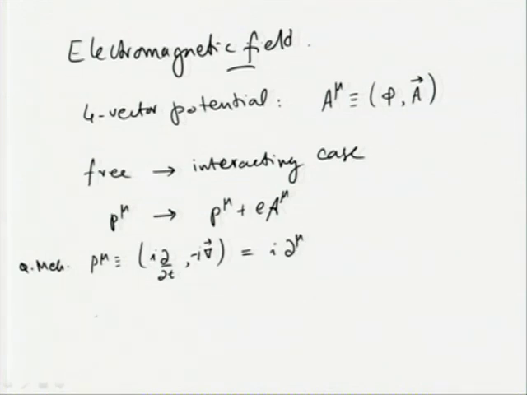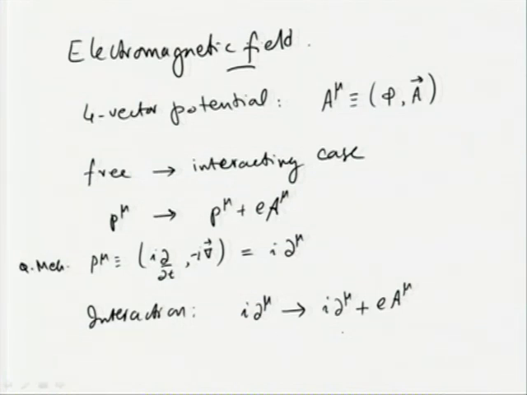And in the interacting case, we have to take I dou mu to I dou mu plus E A mu. A mu is at this moment the electric field with the vector potential in the quantum picture corresponding to the electromagnetic field considered.